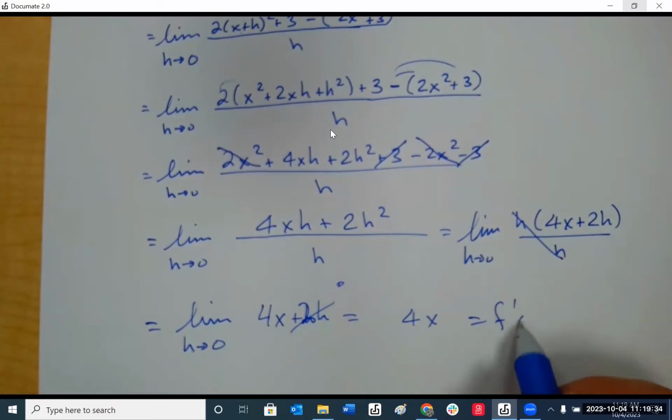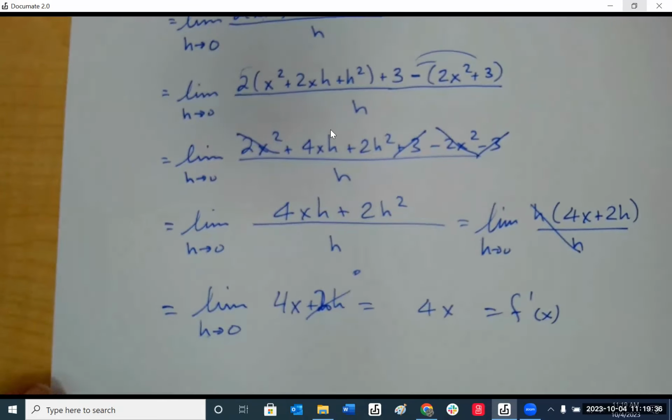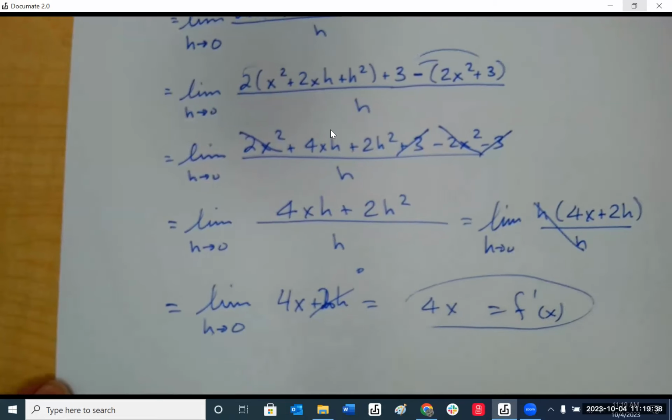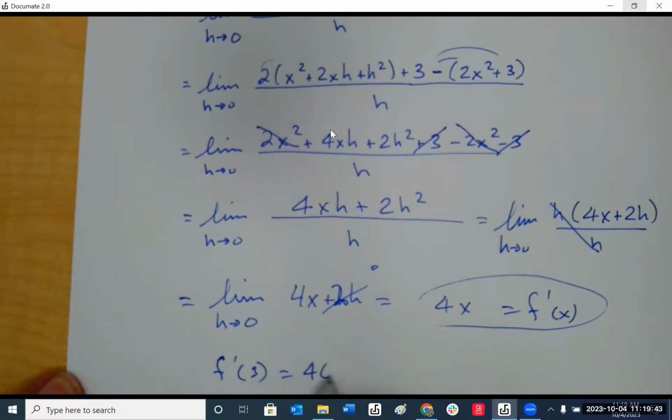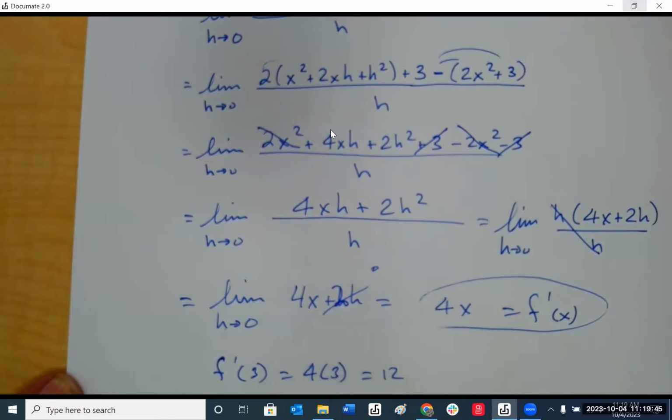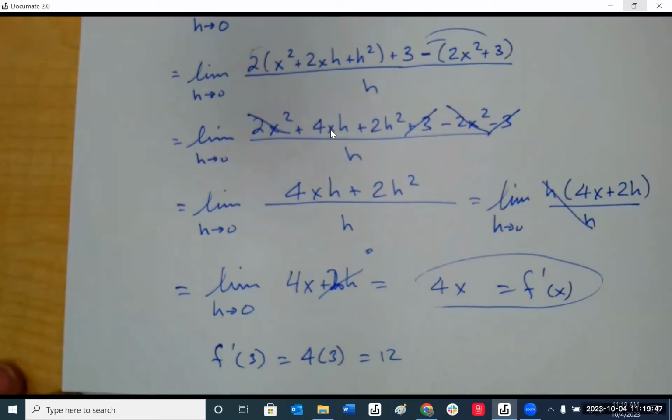So that's our first derivative. So our first derivative at 3 is 12. Pretty easy, but time consuming.